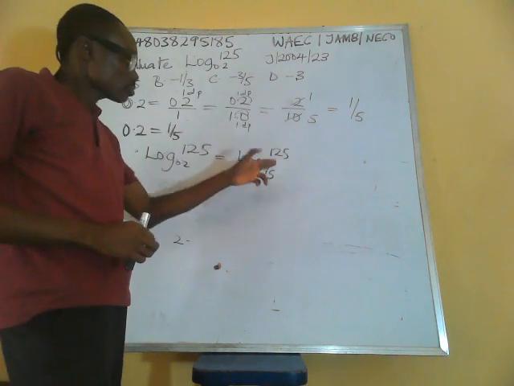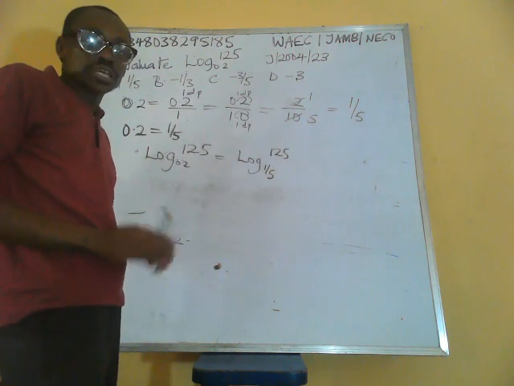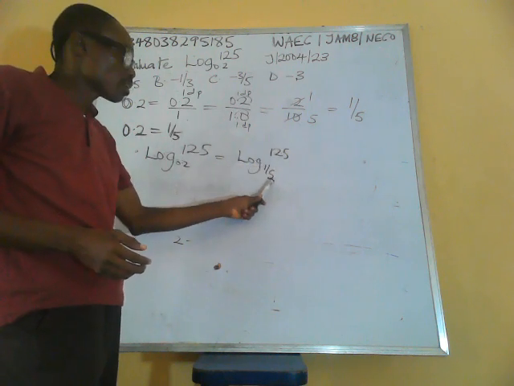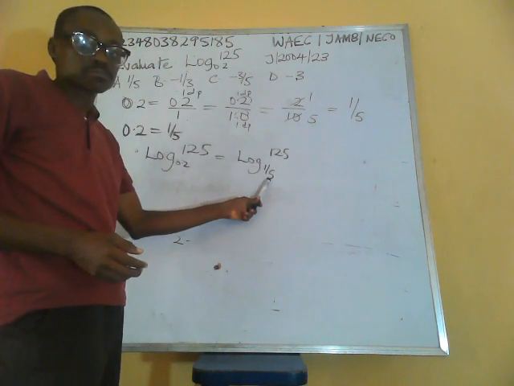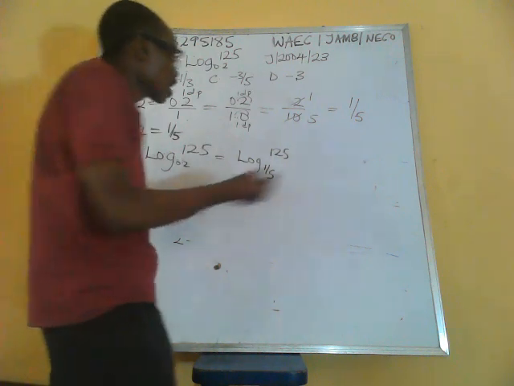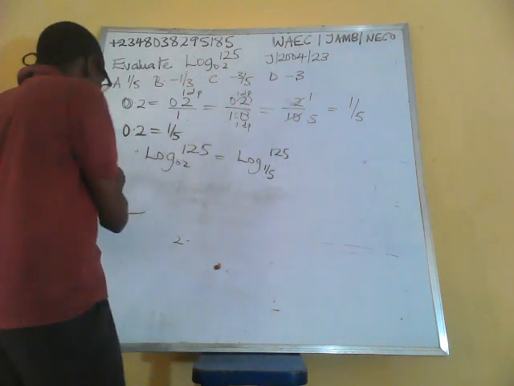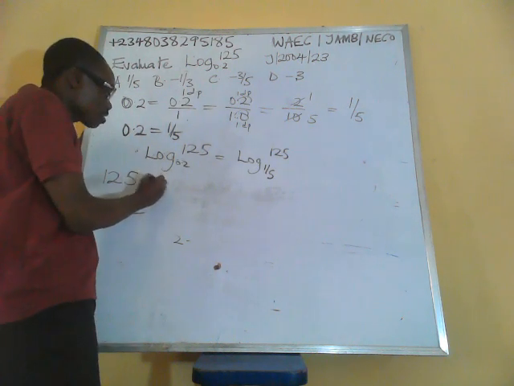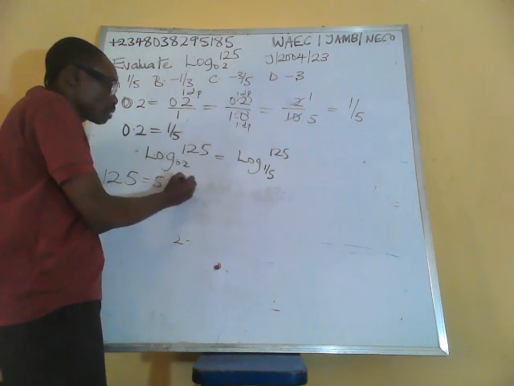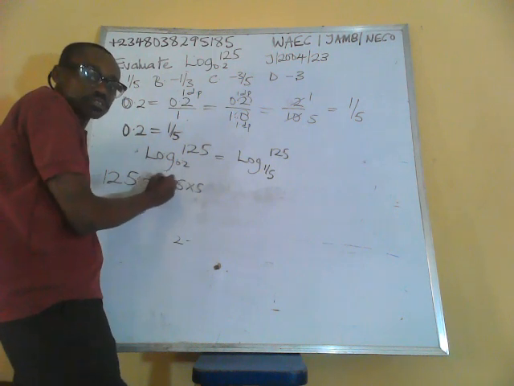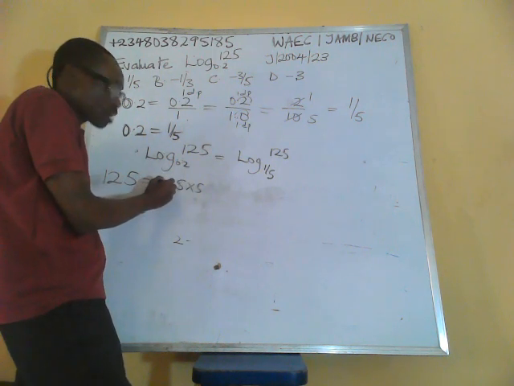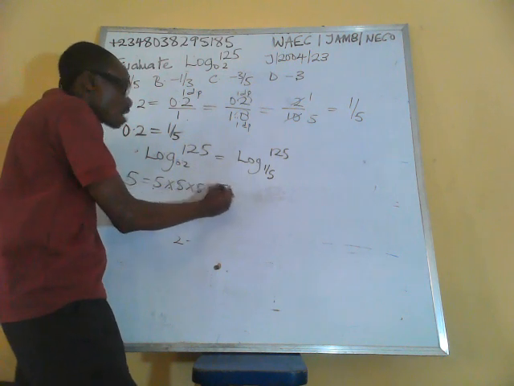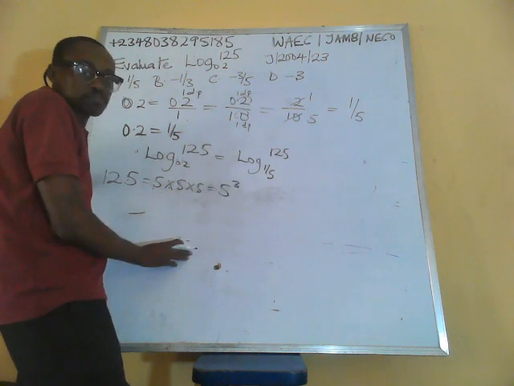Now in change of base, is there any connection between 125 and 1 over 5? 125 is the same thing as 5 times 5 times 5. 5 times 5 gives you 25. 25 times 5 gives you 125. So 125 is the same thing as 5 raised to power 3.